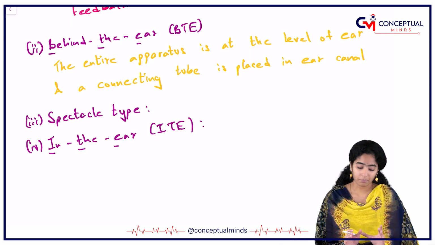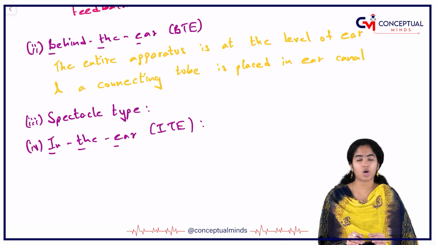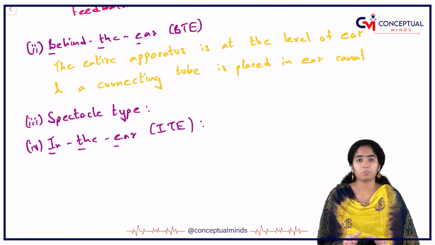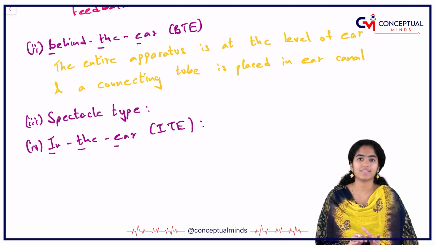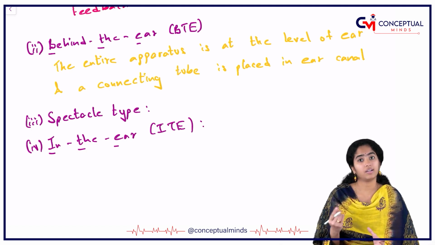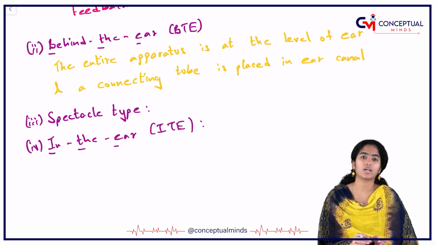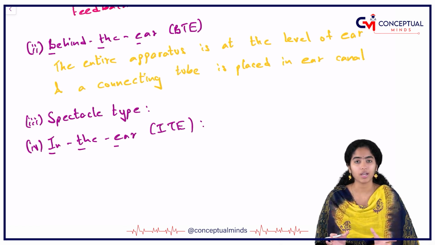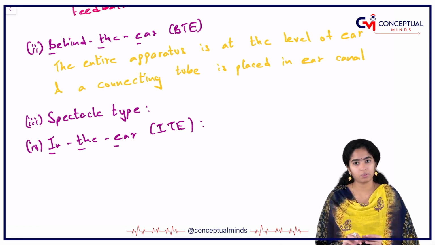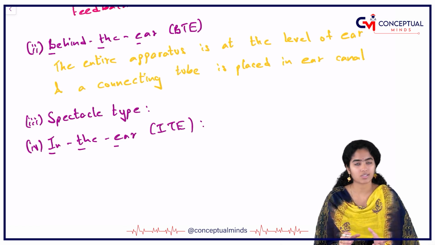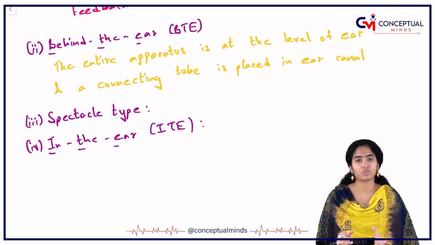And the good part about in the ear is they're cosmetically very, very appealing. Now please understand that it's not as easy to convince a patient to wear hearing aids as it is to convince them to wear spectacles. Spectacles are also a type of rehabilitation, isn't it? But you see that most people will be willing to wear glasses without any hesitation or inhibition.